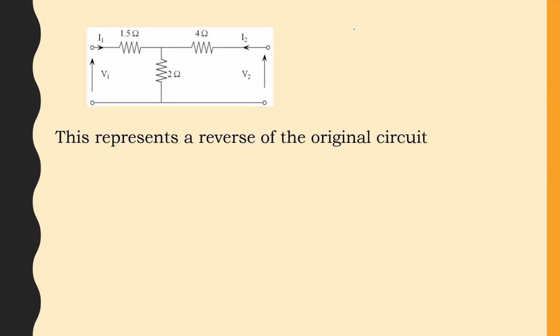We want to start the ball rolling. Sir, I get for A 3.5 over 2. C, I get a half. For B, I get 18 over 4, or 9 over 2. And D, I get 3.